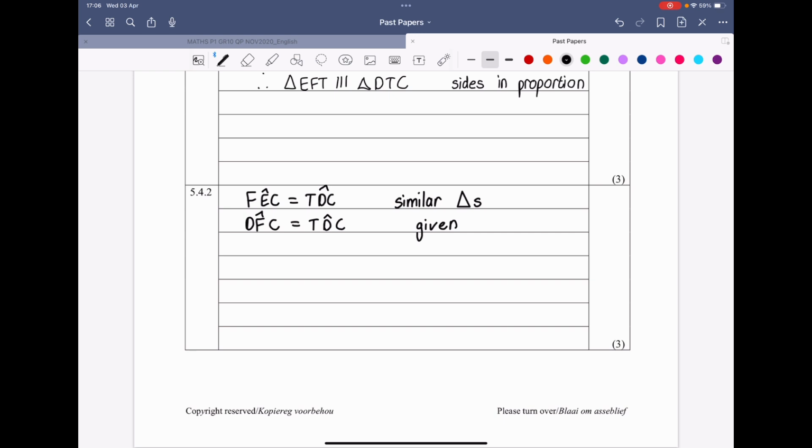Then we can clearly see that EFC is equal to TDC as well. Sorry, FEC is equal to TDE, which is equal to TFC.